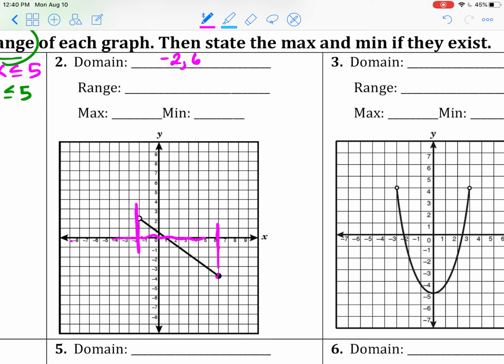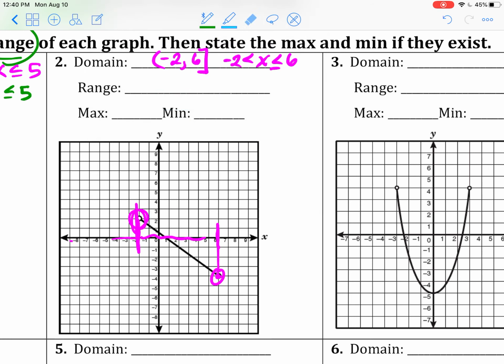So -2, comma 6. Since there's an open circle at this -2, I'm going to use a parenthesis. Since there's a closed circle on the 6, I'm going to use a bracket. So that's interval notation. For inequality notation, -2 to 6. 6 gets a line, -2 does not.